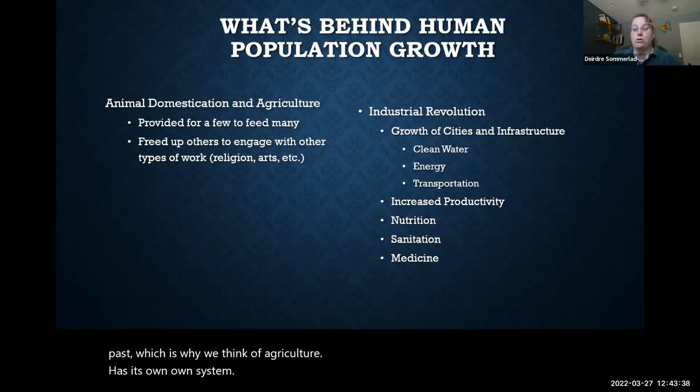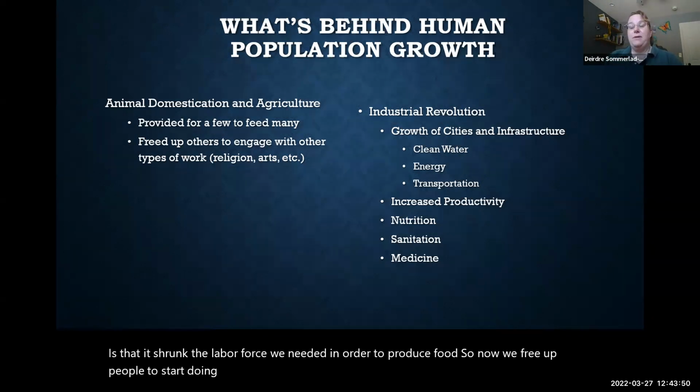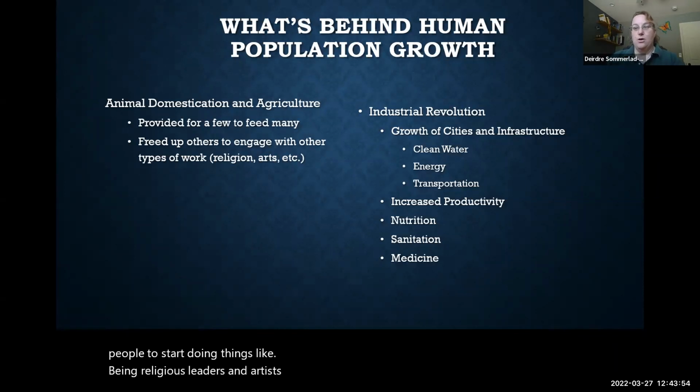One of the things that agriculture did for us is that it shrunk the labor force we needed in order to produce food. So now we free up people to start doing things like being religious leaders and artists and scholars. And we see the rise of a unique religious leadership class.